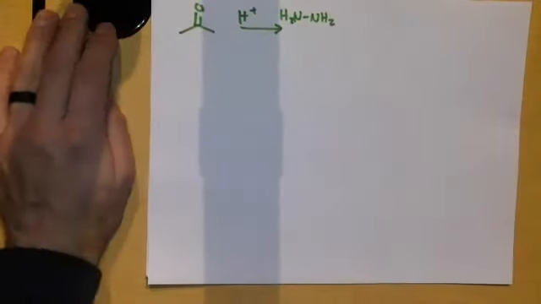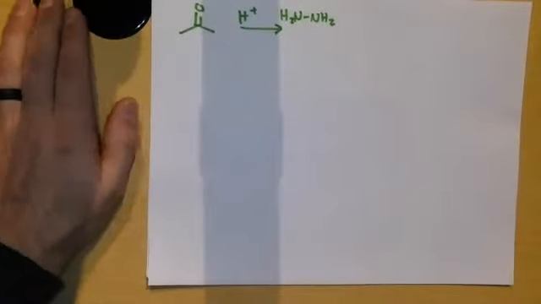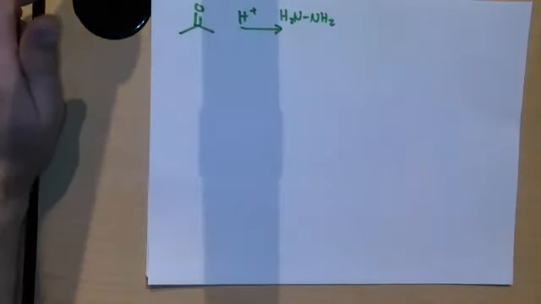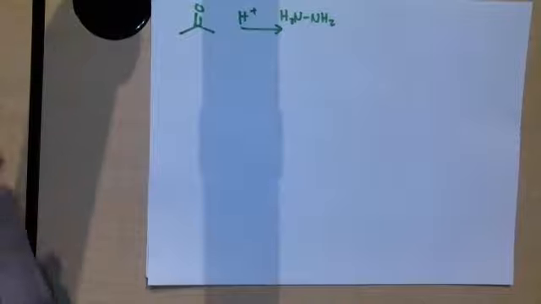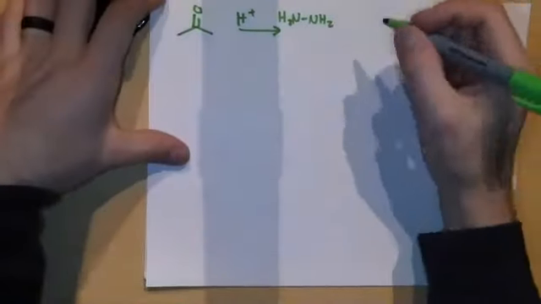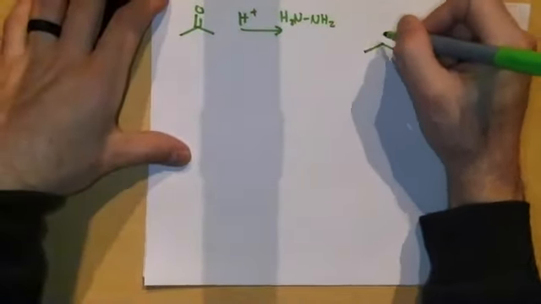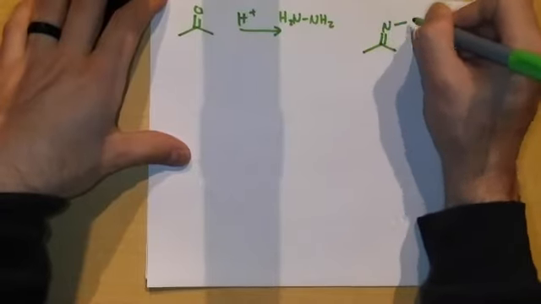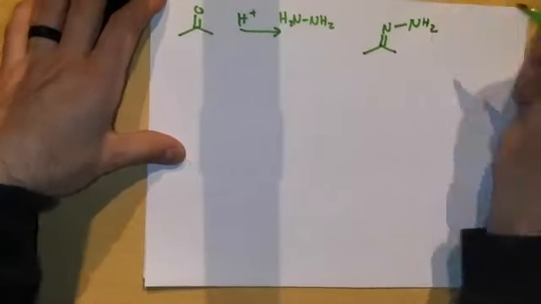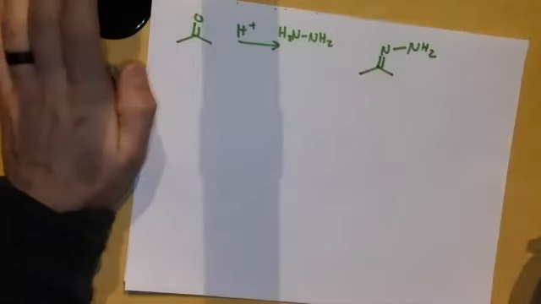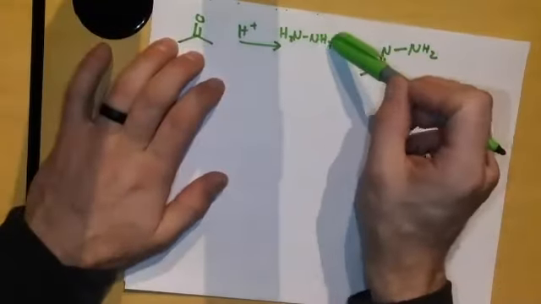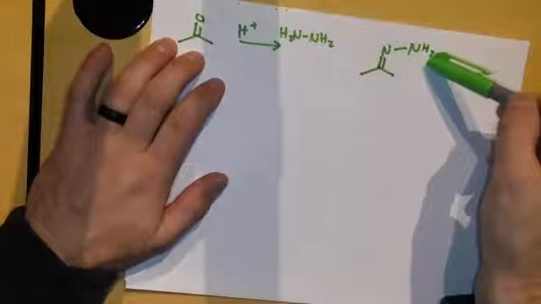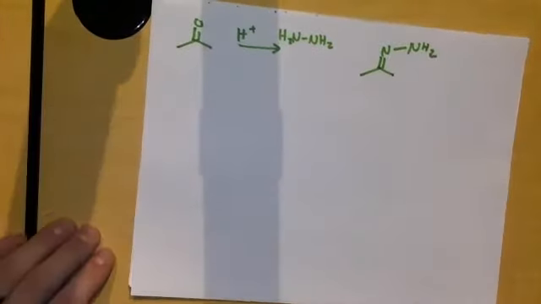We have two amines on here. We're actually just going to ignore one of them. We're going to treat this like it's just a primary amine here. I'm not going to go through the whole mechanism. You're just going to get a normal enamine as if this was a CH2, CH3 over here. We're just going to ignore one of our two amine groups.